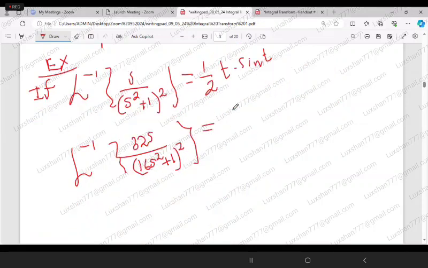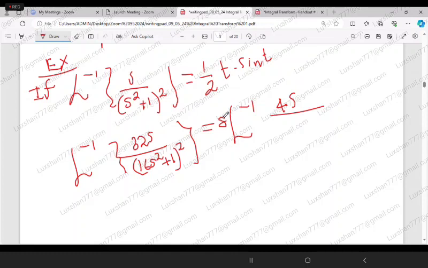So I can write this as the inverse Laplace transform of 8 into 4s over, because why am I writing 4s? Because here I have 16 s squared only. Therefore, I can have 4 only here.